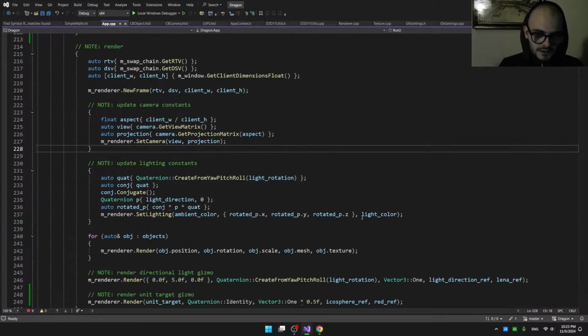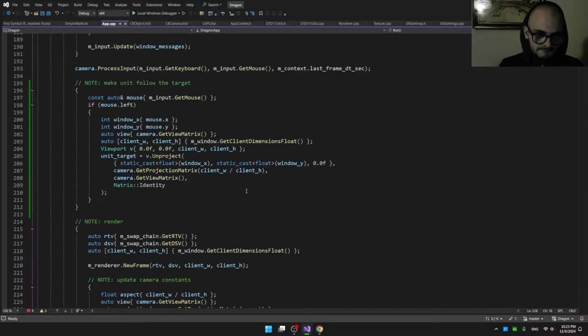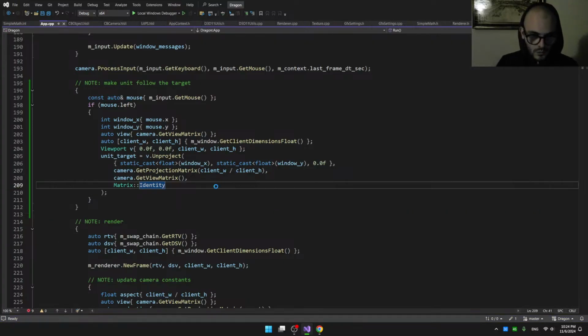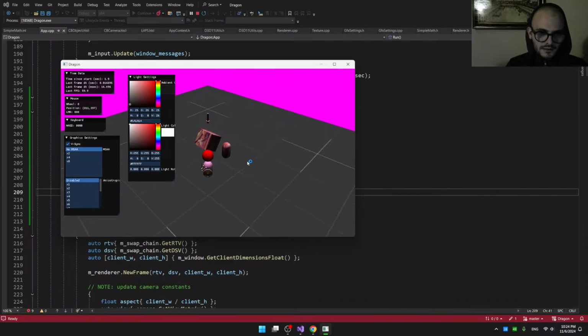The world matrix is used to transform from our camera position plus orientation, whatever, to our... basically this is just the camera.